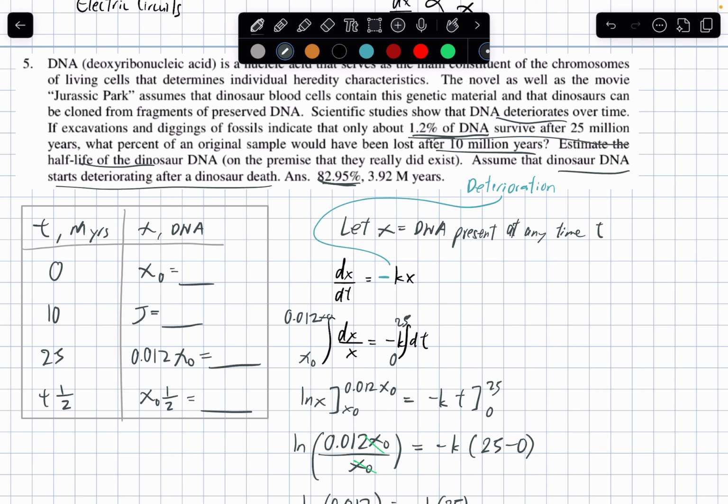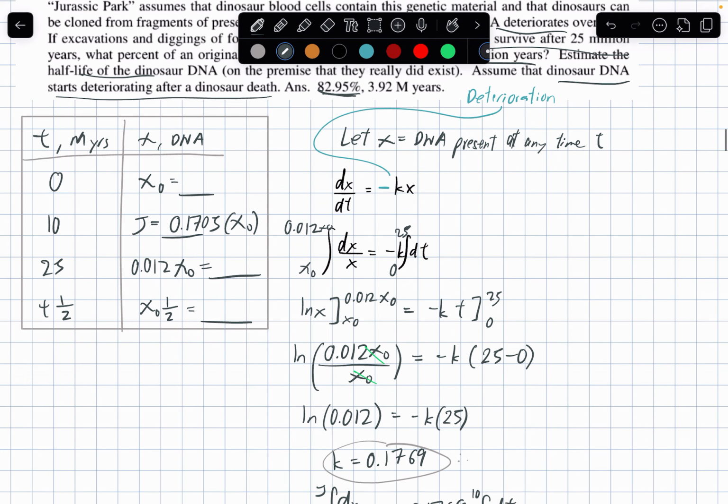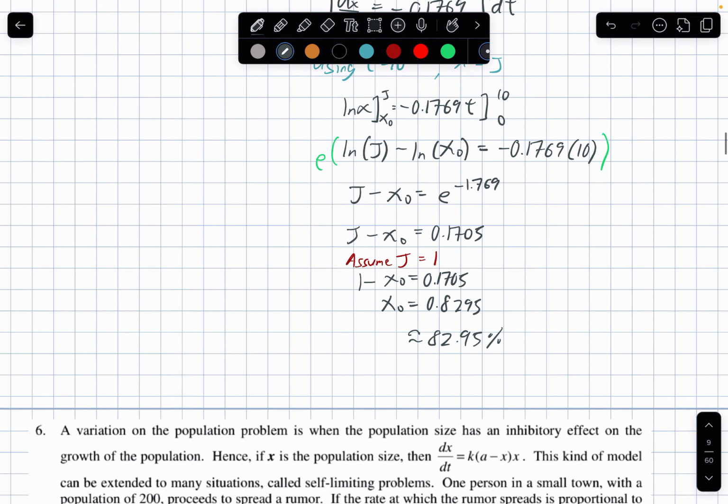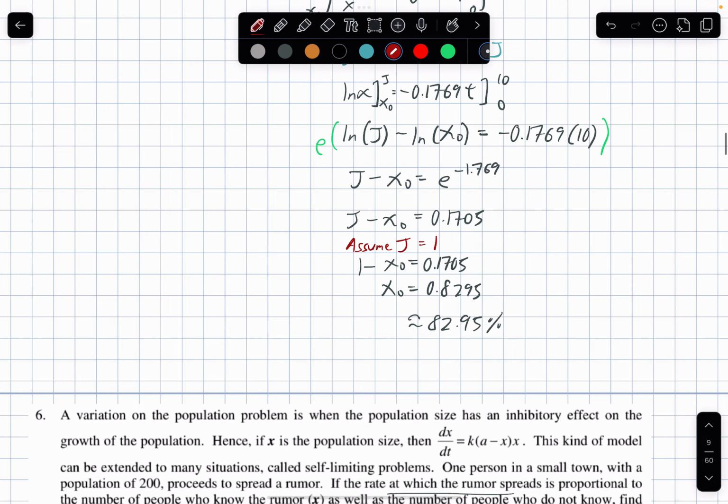The remaining is basically 17.05% of the original. So this is what remains after the 10 million years that went through. Yeah, this part is kind of controversial.